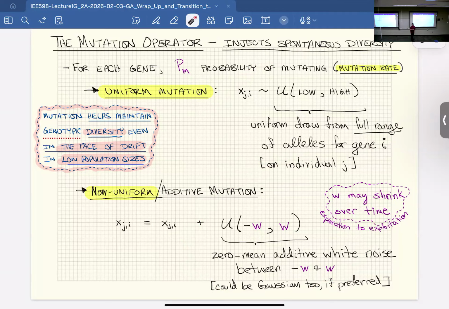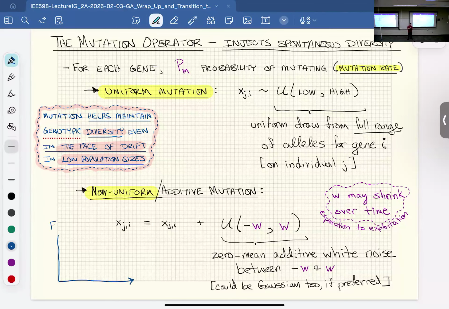What is the difference between mutation for exploration, exploitation, and then zero? What is the thing that we say is exploration and then exploitation? That's a good question. It's a little subjective, but if we go back to our fitness landscape, and let's say my fitness peaks are spaced this way.